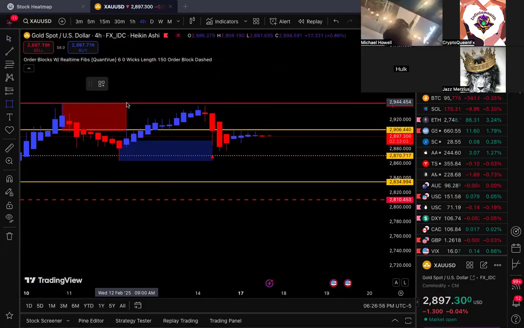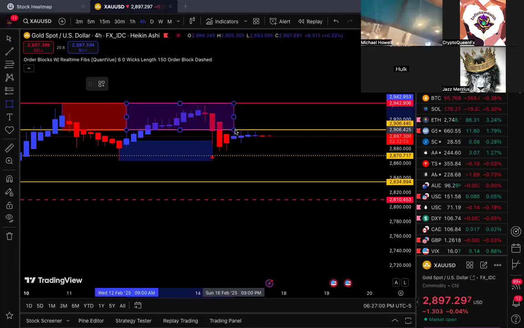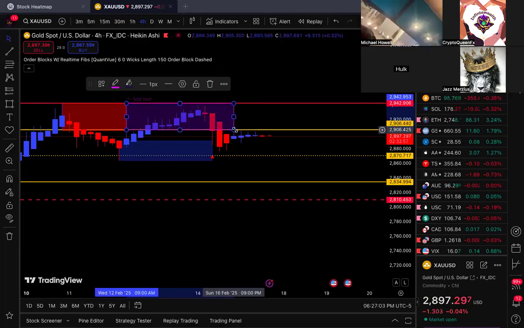Here's your sell order block. Previous sell order block.